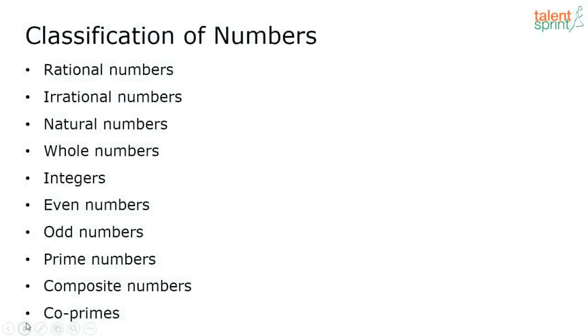Now, real numbers can be classified into different types. So that is what I have written, some of the important definitions that we need to know when it comes to real numbers. So that is what you just saw in the slide. First, rational numbers. Rational numbers are numbers which you can represent in the form p by q, where q is not equal to 0.